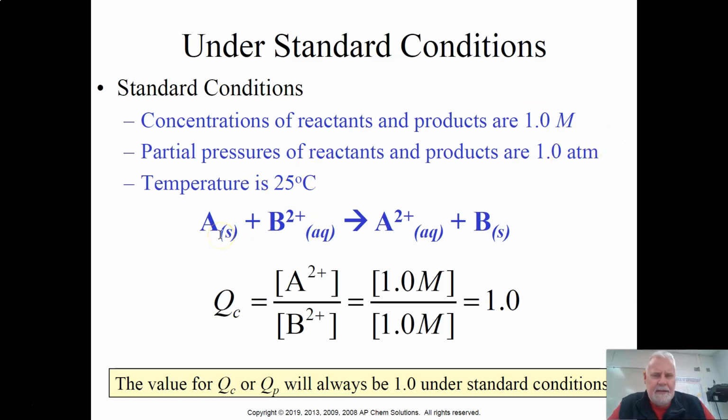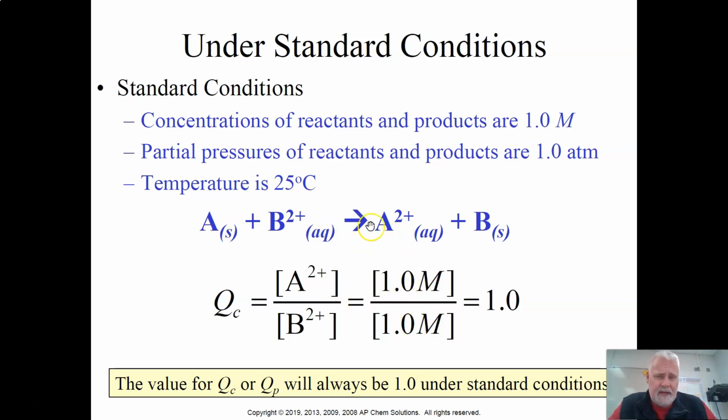So if you had a solid with an aqueous ion going to an aqueous ion with a solid, and you're writing the equilibrium expression at any given moment in time, so it's not at equilibrium, or it might be, but most of the time it is not, when you use the term Q, if you will recall.